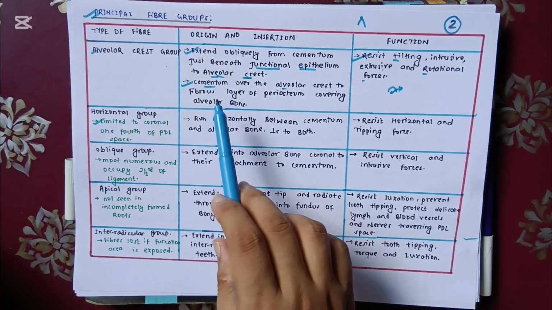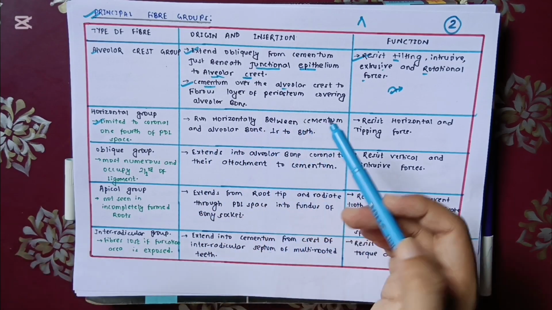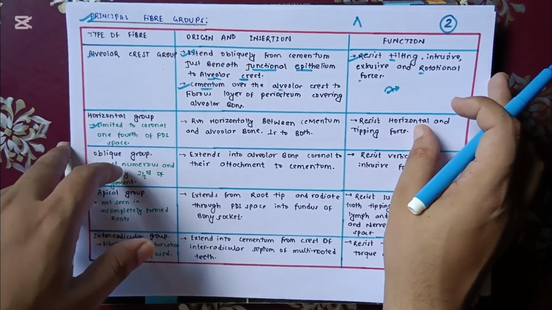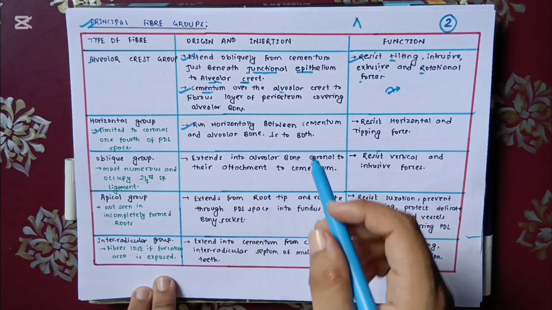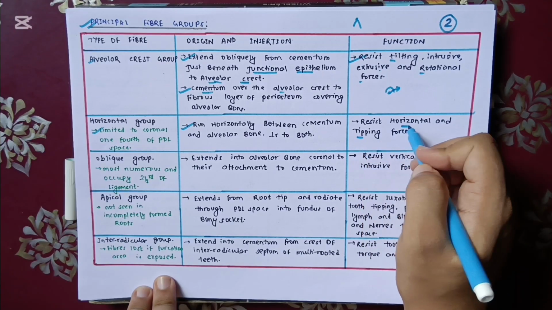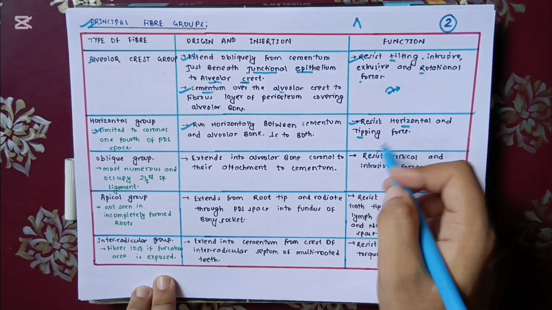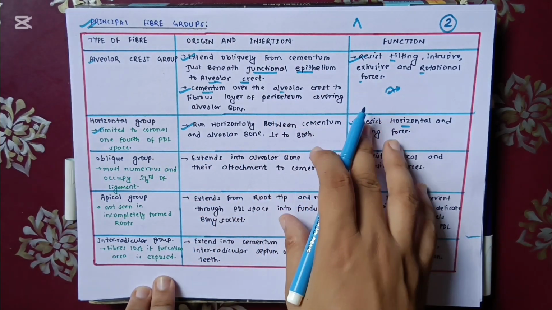After that, the origin and the insertion: it runs horizontally between the cementum and the alveolar bone, and it is perpendicular to both of them. This is simple to understand. After that, it resists the horizontal and the tipping forces. So these two forces are resisted by the horizontal group of fiber.